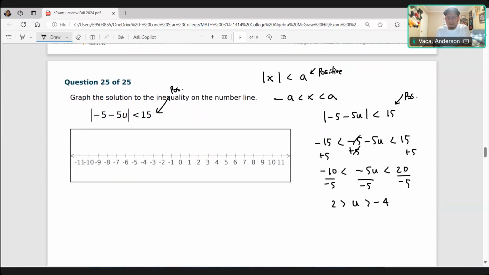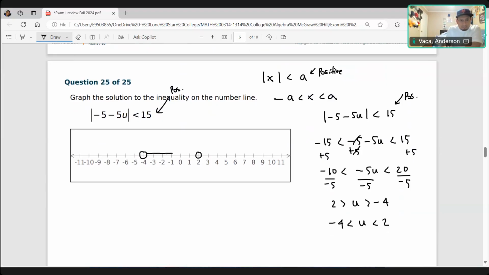So this looks funky. This looks really funky. Let me rewrite it for you. Negative 4 less than u less than 2. Because isn't negative 4 on the left of 2? Right? So the solutions to these examples will be open circles at negative 4 and at 2.